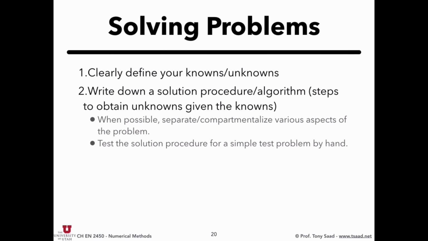Now, before you go on and start programming, try to run the solution by hand. So, for example, if I'm asking you to do the Thomas algorithm for 1,000,000 equations, the Thomas algorithm you're going to learn is a direct solution method for systems of linear equations, okay? Obviously you're not going to be able to do 1,000,000 equations by hand.